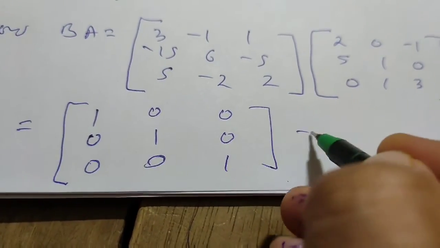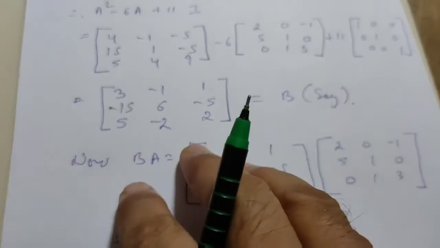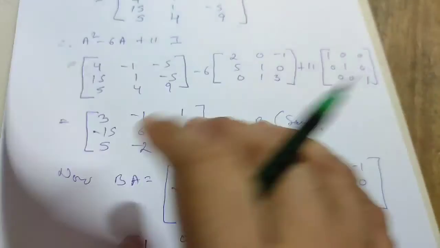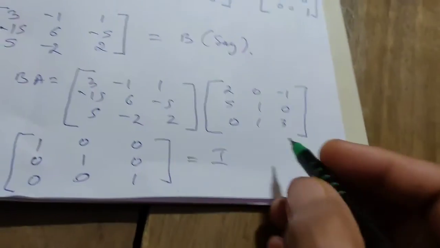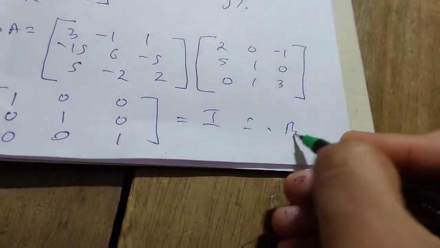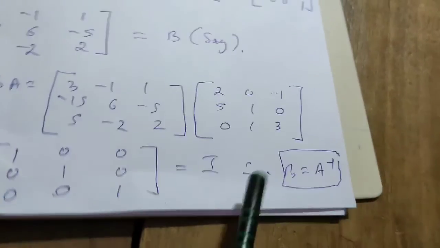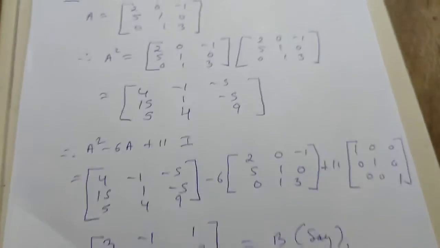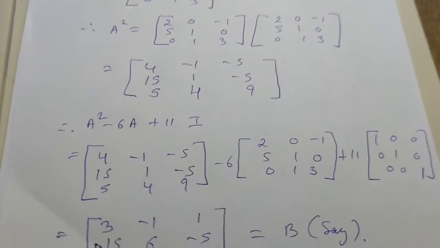But what is this? This is the identity matrix. Therefore, we can say that B is the inverse of A. Therefore, B equals A inverse. But what is B? B is A square minus 6A plus 11I.